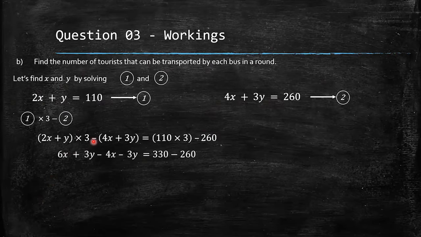Once you solve it, it will be 3 times 2x, 6x, 3 times y, 3y, minus 4x, minus 3y is equal to 330 minus 260. Once you solve this, you can see 3y and 3y get cancelled and 6x minus 4x is equal to 2x. And 330 minus 260 is 70.